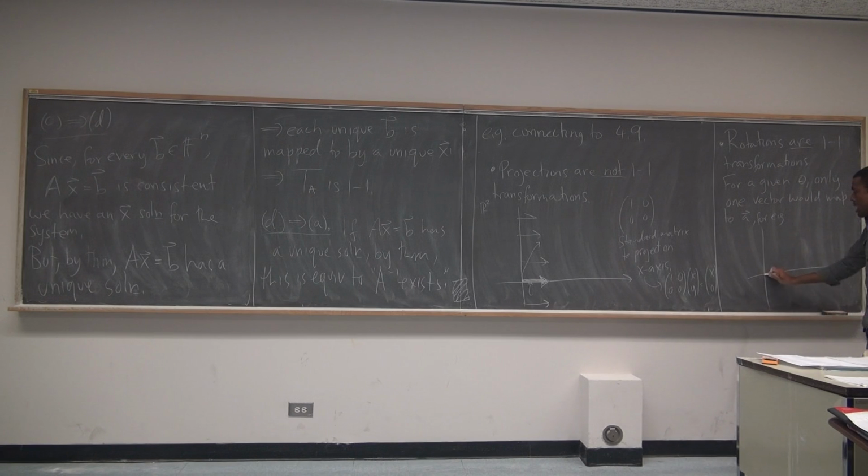So if I'm in a plane and I have this vector, for a given theta, there's literally only one vector that will rotate to give me that one, right? So if my theta is like 30 degrees or whatever, there's no other vector that I can rotate by 30 degrees to get this guy. It'll have to be a unique one.